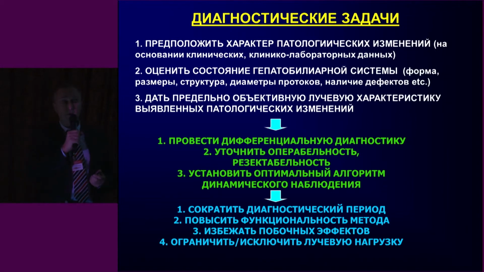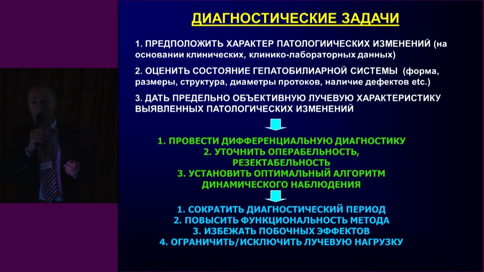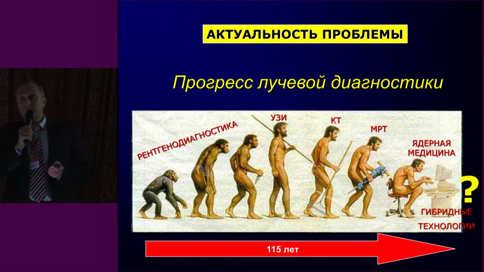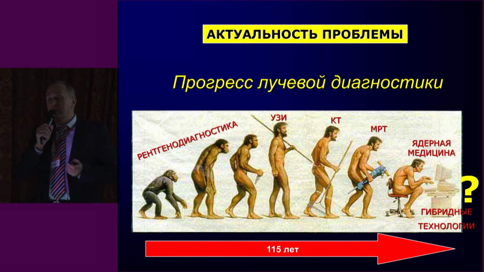It will help us to do differential diagnosis, to find out if the disease is operable or resectable, and at the end of the day, it will establish optimal patient management, which will finally result in shorter diagnostic time, improved functional quality of the method, avoiding side effects, and limiting or excluding radiation or excessive radiation. Think about that.